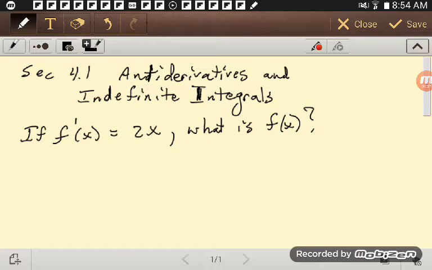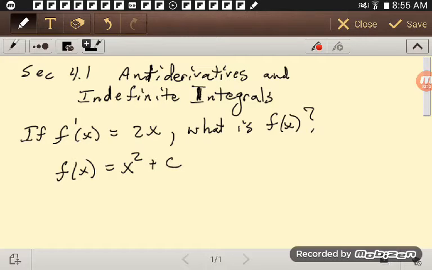And here's where you have to be a little careful. So hopefully you would look at that and say, oh yeah, f of x is x squared, right? Because if I take the derivative using the power rule, then I bring down the 2 and leave a 1, I'd get 2x. Well, we aren't actually quite right. Because there's a whole family of functions that would make a derivative of 2x, and it could be any constant, right?